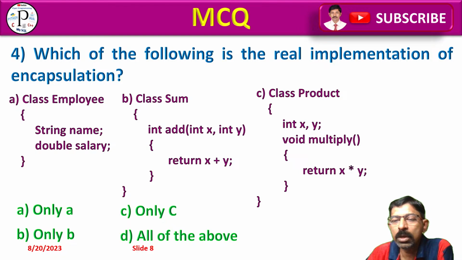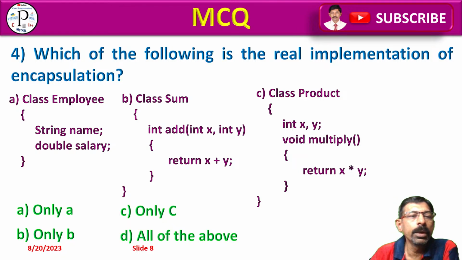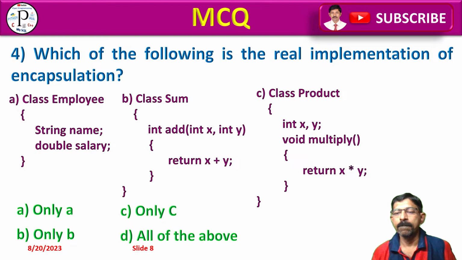So we got a quick answer from Sai Subhankar. B. class sum, int a, b. Okay, got it. One more candidate has given the answer, option C, Rakesh Sharma. 4A. Okay.